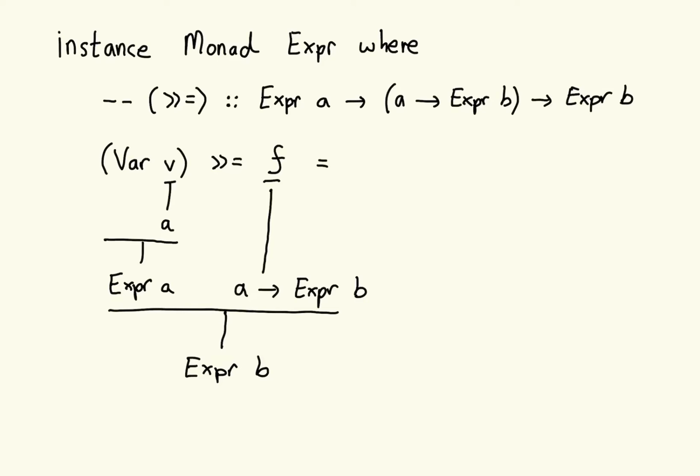Well, we have a value v, which is of type A, and we have a function f, which is of type A to expr B. So if we simply apply the function to the variable v, that will give us something of type expr B. So a nice, easy definition. So now we have completed this case.